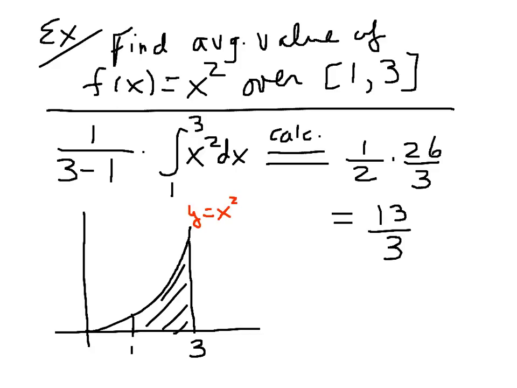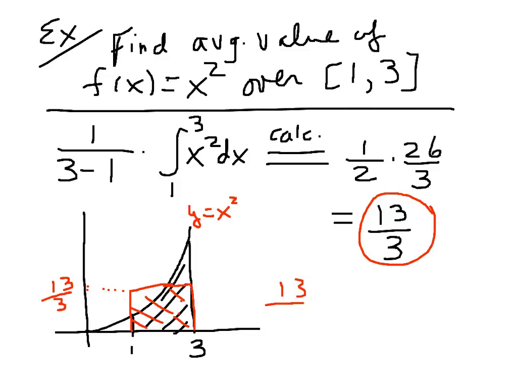The significance of the average value is simply that if I were to draw a height whose value is 13 over 3, then as we've said before, the area of that rectangle, which is 13 over 3 times 2, is exactly equal to the area under the curve, which we've seen by our calculator is 26 over 3. And there's a simple example.